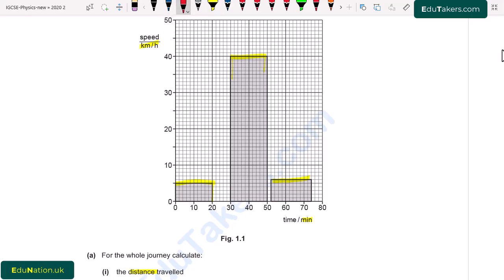So if I consider this point, it is at 5 meter per second, while this point is at 20 minutes. So first of all, I write here total distance will be equal to area under graph.